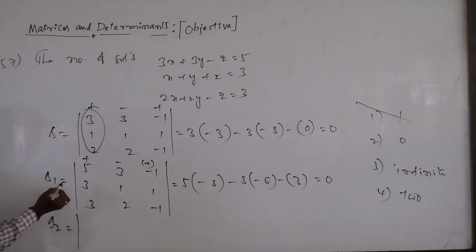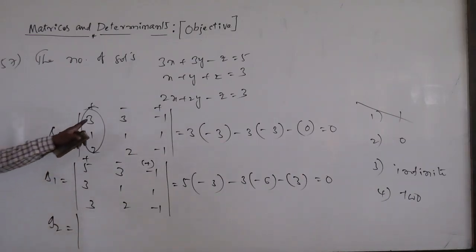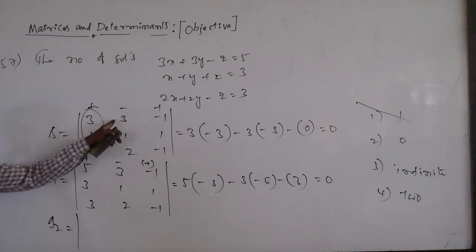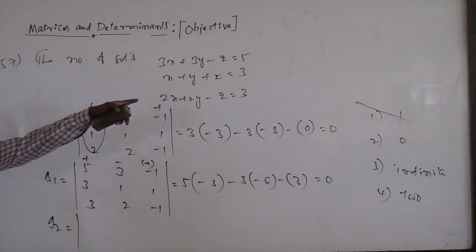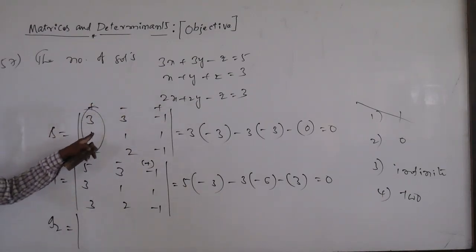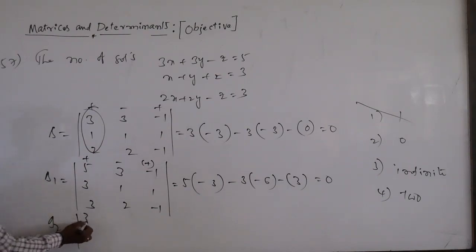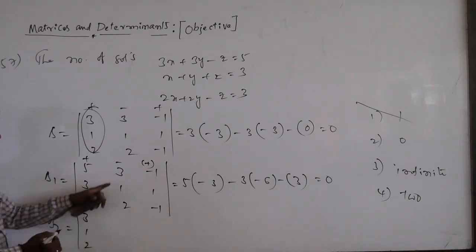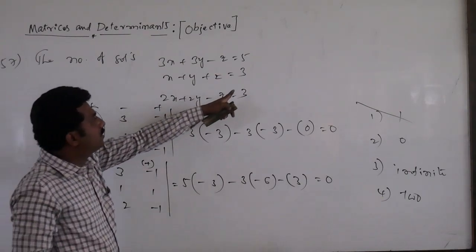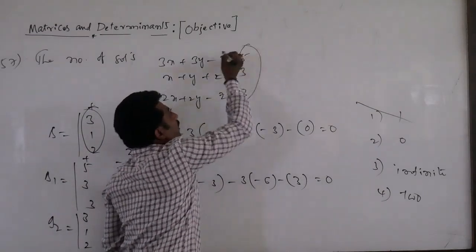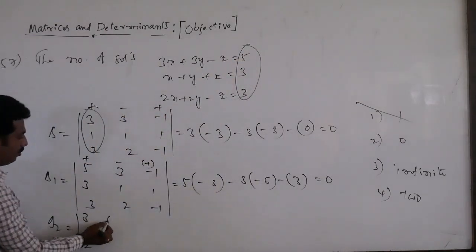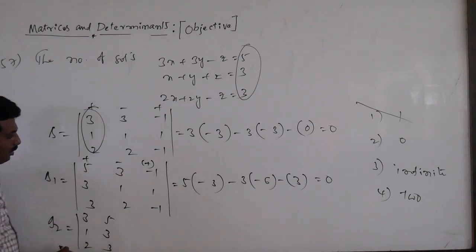Now delta 2 we will calculate. How do you get delta 2? In delta, all the second column elements are replaced by the constant terms. The first column stays the same: 3, 1, 2. Instead of the second column we write the constants 5, 3, 3.